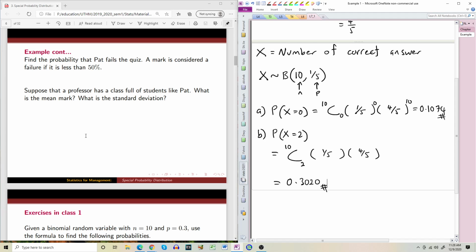Example continues. Find the probability that Pat fails the quiz. A mark is considered a failure if it is less than 50%. So you can put C to answer this.